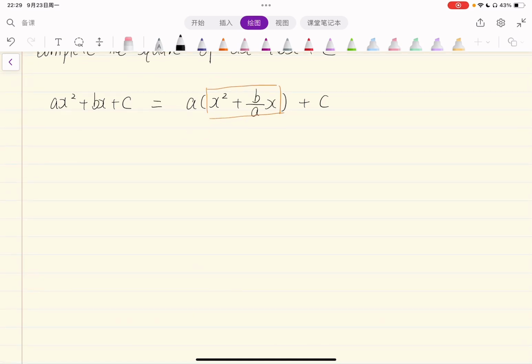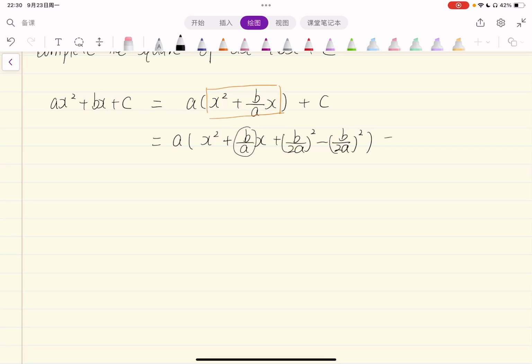We have a times the bracket x squared plus b over a x. We need to divide this term by half, so plus b over 2a, and then square it. Actually, we don't have that, so we need to cancel it.